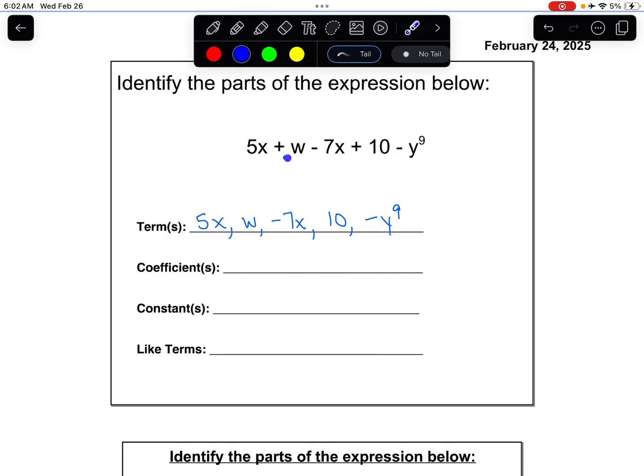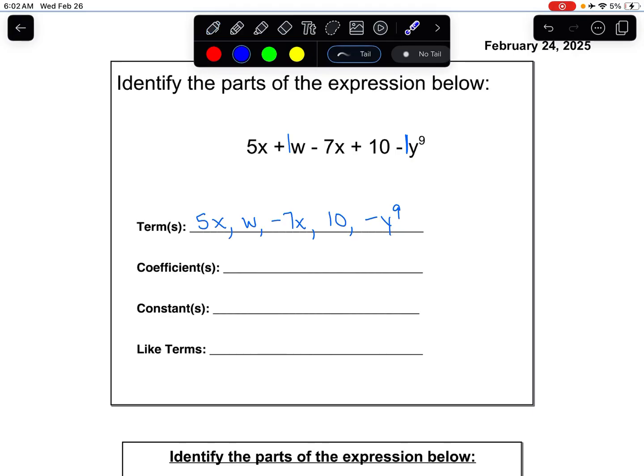This one has nothing. So anytime there's a variable with no number, we can put a 1 in front of it. So let's do that now, just so we remember. If we have a variable without a number in front, then it has an imaginary 1. So we can put that imaginary 1 there. So let's list our coefficients.